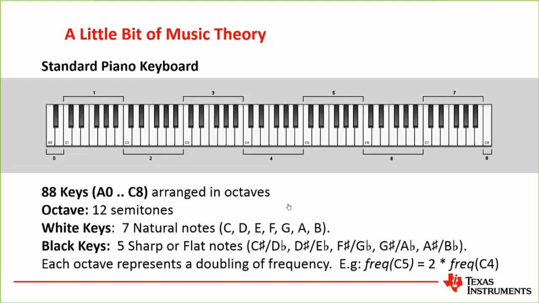Mentioning C4, if we look at that middle octave in the piano, we see that C4 is the first note of that octave, and that's why we call that note middle C.